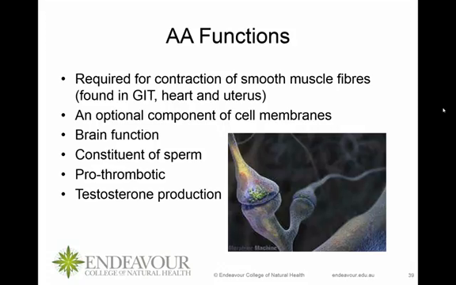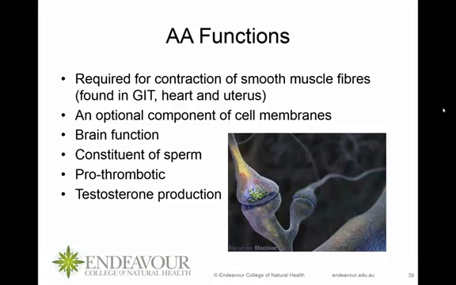Looking at the functions of arachidonic acid: required for contraction of smooth muscle fibres, an important component of cell membranes. It's also involved in brain function, so a constituent of the central nervous system. It's a constituent of sperm. And the next point talks about some of its inflammatory actions, which is this pro-thrombotic effect, meaning it's pro-blood clots.